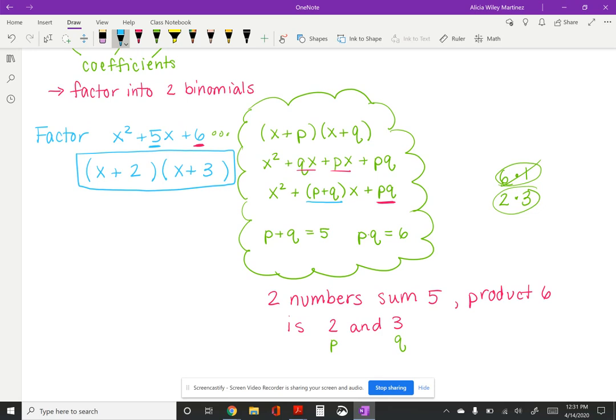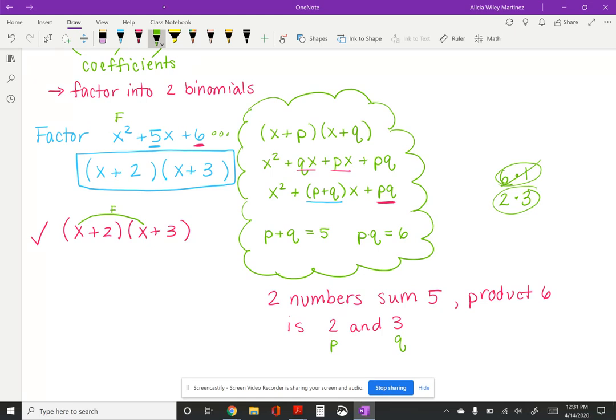Now, to show you how this ties into what we had previously learned, let me do a little check. You can check any of your answers by foiling it back together or using multiple distribution. When I multiply x times x, that's my first, which gives me my x squared.